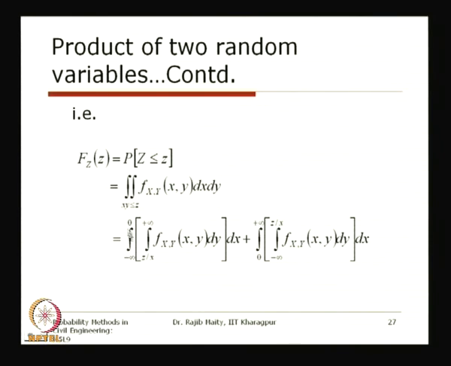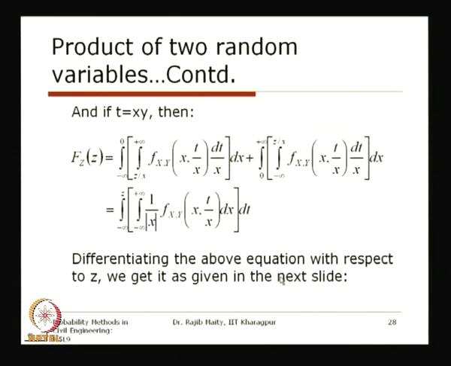So, so far as the x axis is concerned, for the negative side we are taking from minus infinity to 0, and for the positive x axis we are taking from 0 to infinity, and similarly this inner limit, that is for y, is also changing accordingly. Now there is a certain substitution.